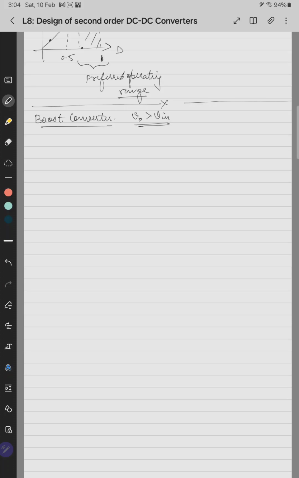So in a boost converter, this is the input voltage, input current, the inductor is placed at the input side. So this will be L, this is VL, this is IL. The switch is S1, this is IS1, this is VS1.